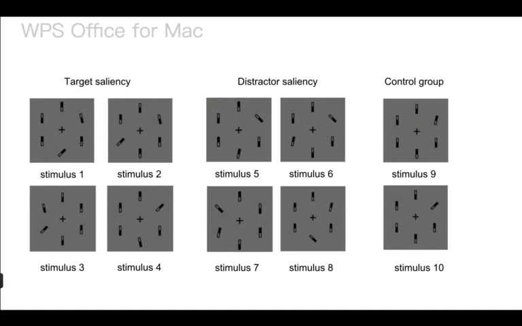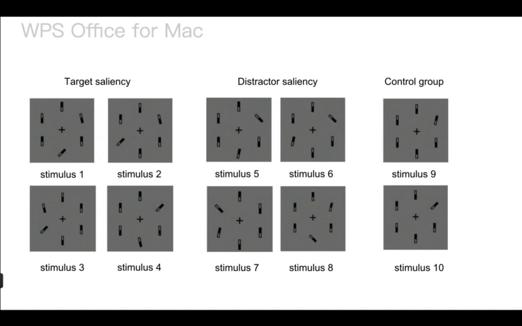The deflection angle relative to the vertical median line was selected as the independent variable. According to the research needs, 12 degrees and 45 degrees were used as the deviation angle to distinguish the significance of target and distractor, as shown in the figure.